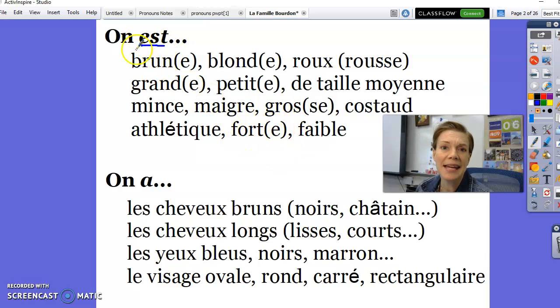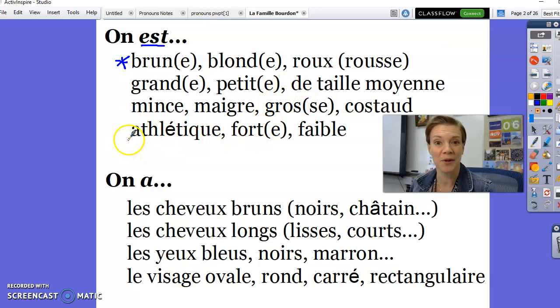And you say, he is a brunette. She is blonde, right? We say on est, elle est, il est. We also talk about people's size using être. On est grand ou grande. On est petit, petite. On est de taille moyenne. This one's new. Taille moyenne is average size, medium size.